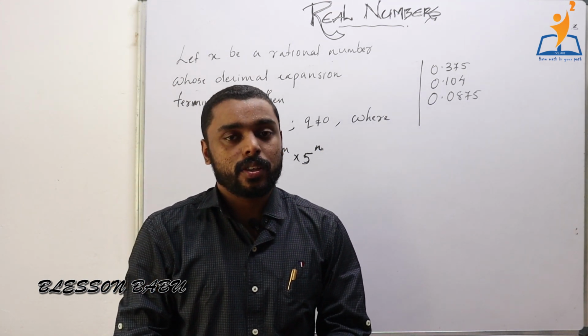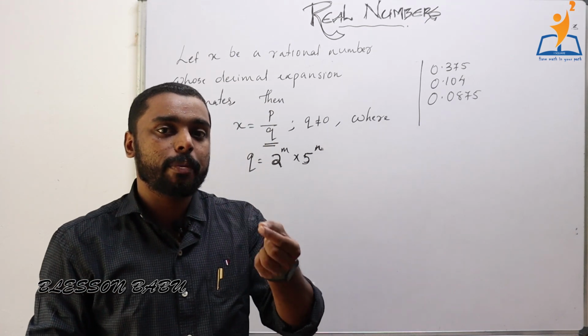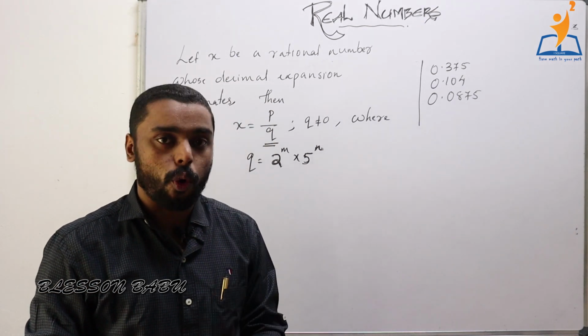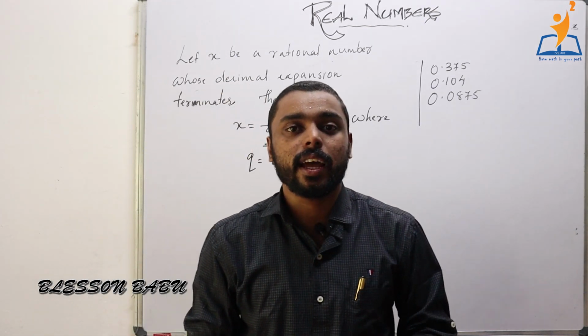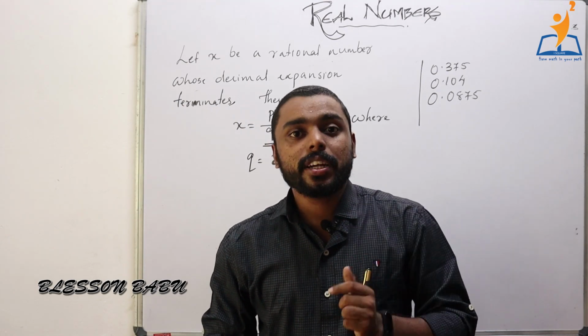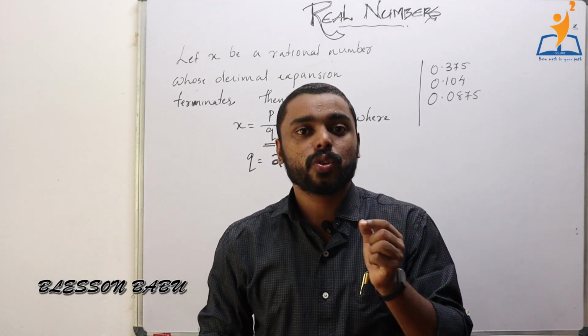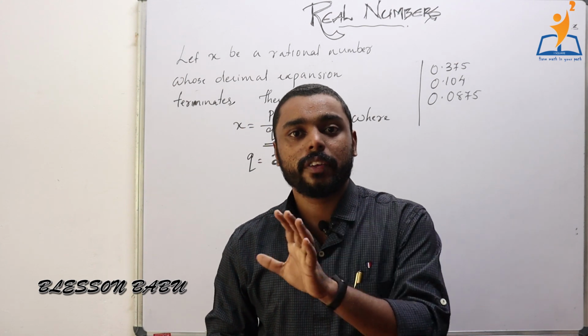Clear? So in order to check whether the decimal expansion of a number terminates or not, it is enough to check that the denominator of the number is of the form 2 raised to m or 5 raised to n.